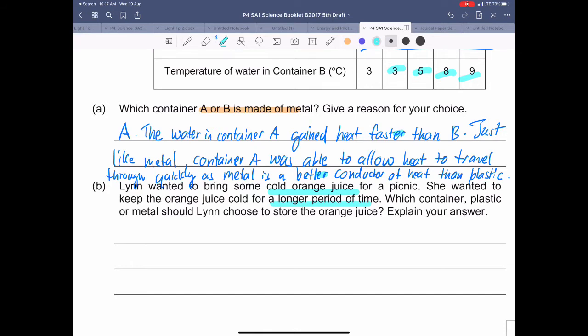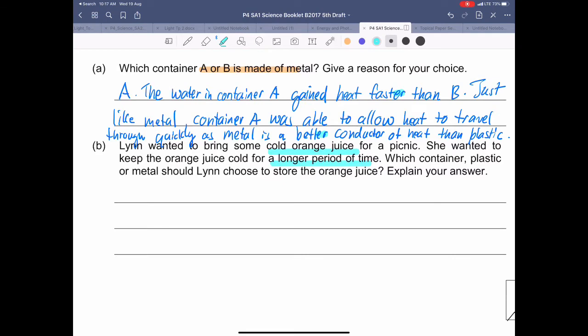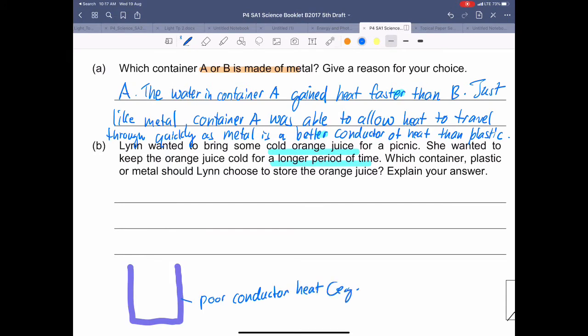So if you want to keep your drink cold, your material should be made up of a poor conductor of heat. Why? Imagine this is your container. You have a poor conductor of heat as material, such as plastic. What happens is that your drink is very nice and cold. Let's just say your drink is at 3 degrees Celsius and the outside surrounding temperature is at 40 degrees Celsius.